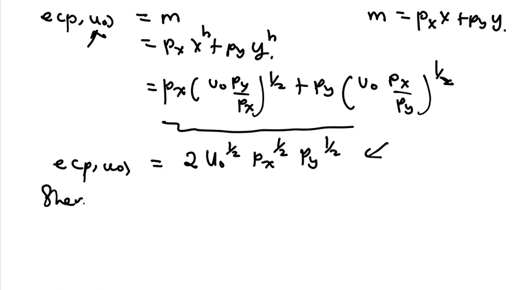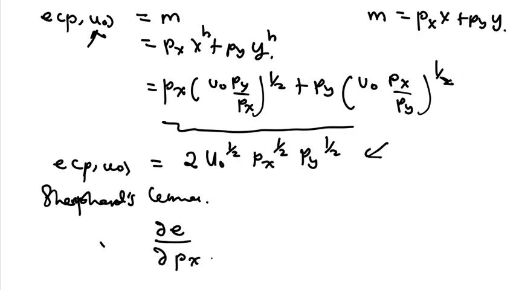Then you should use Shephard's lemma. Okay, Shephard's lemma. And Shephard's lemma says, when you differentiate the expenditure function with respect to the price of the good, let's say we want to find the Hicksian demand function of good x, so we differentiate the expenditure function with respect to the price of good x, we should get back the Hicksian demand function for good x for a given utility.